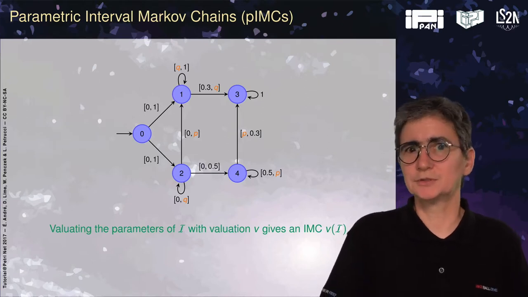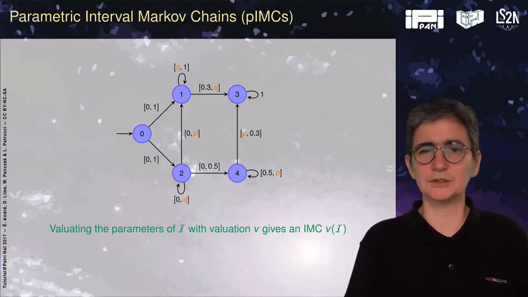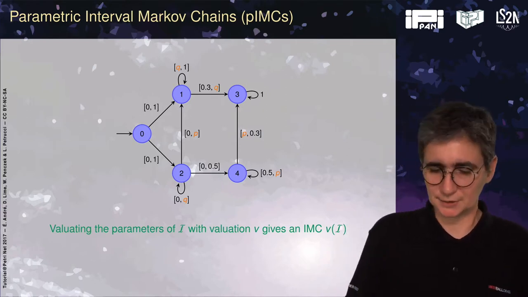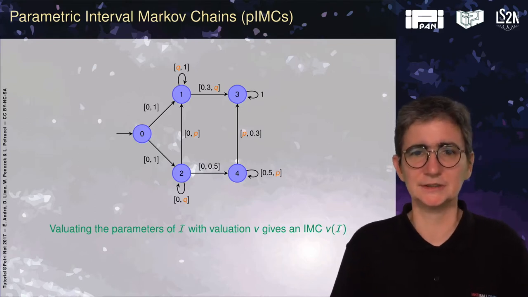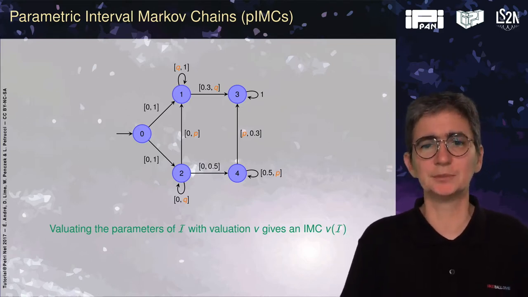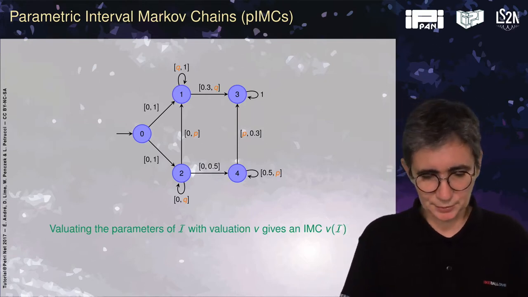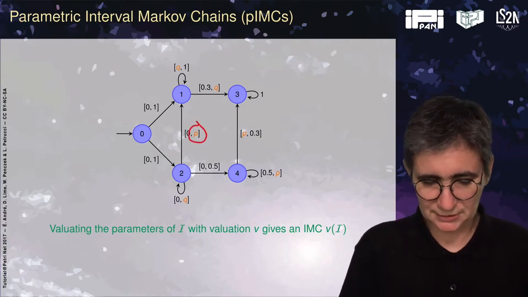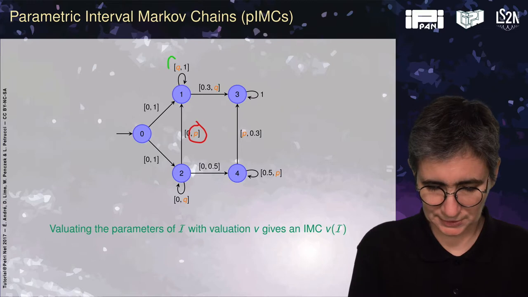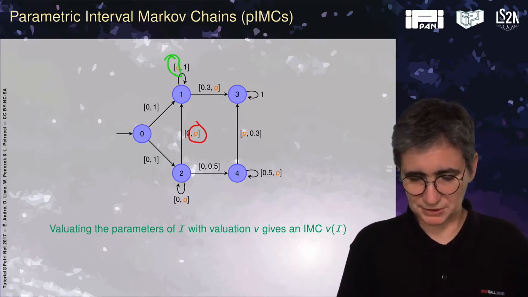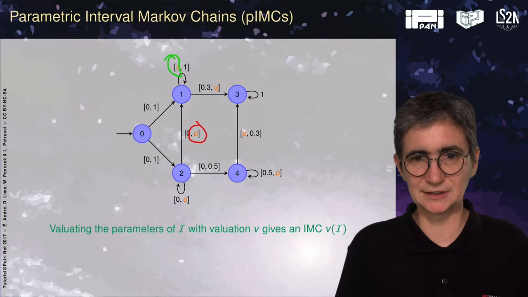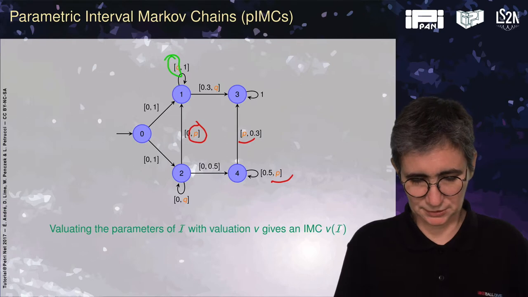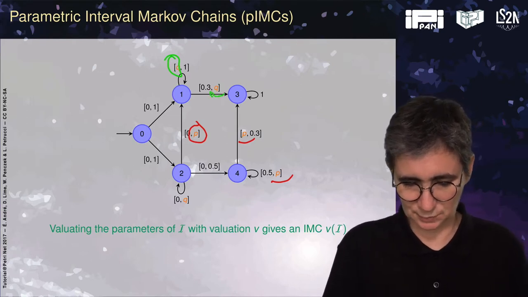Now we want to add parameters, because sometimes we don't know the upper or lower bounds of these intervals. So we will introduce parameters in the bounds of the intervals. Here you have an example where we have two parameters, a parameter P and a parameter Q. As you can notice, parameter P occurs at several places, while parameter Q also occurs at several places.